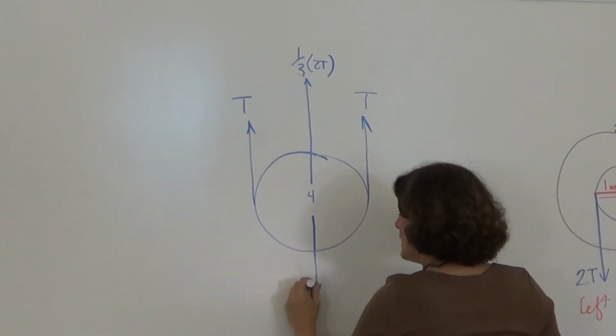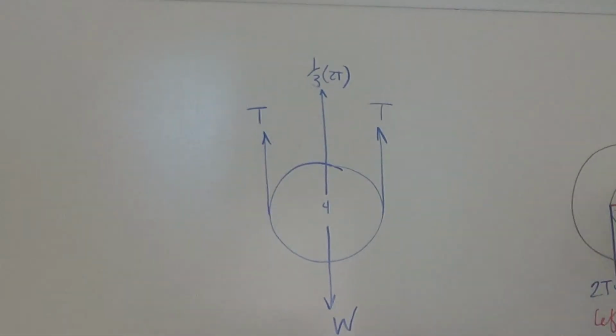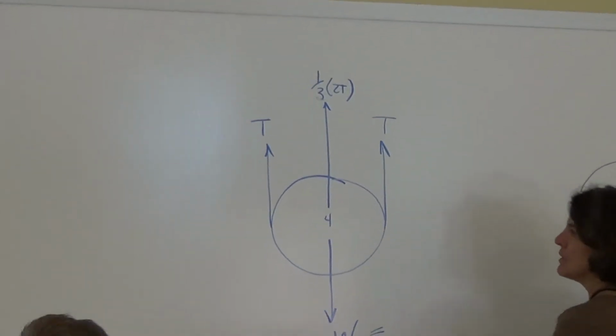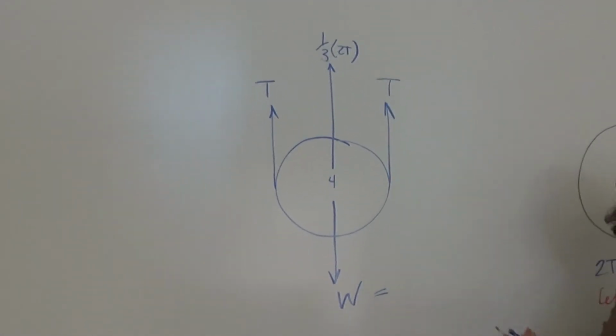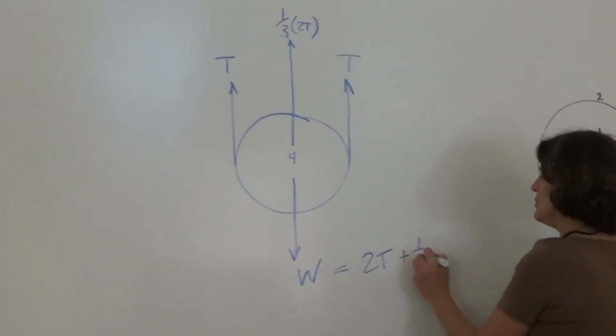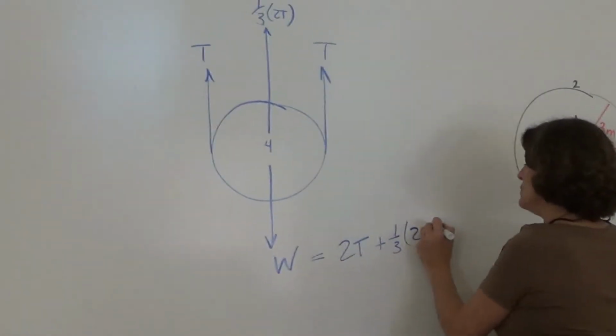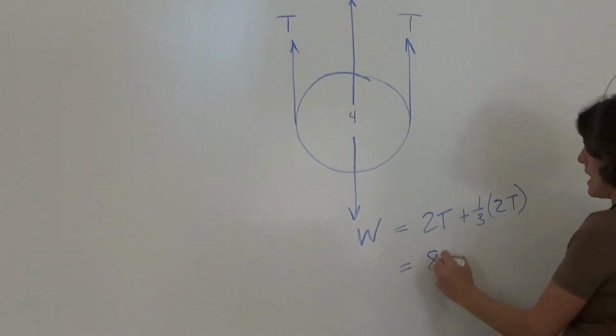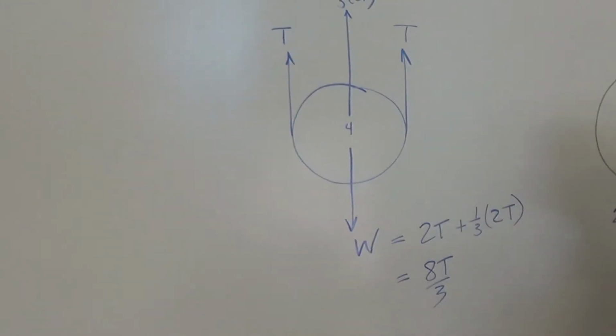And we have to figure out how they're equal. So what's the weight equal to? 8T over 3. So you add it all up, right? So it's 2T plus 1/3 T, 1/3 2T. So what's that come out to be? 8T over 3, I think. 8T over 3.